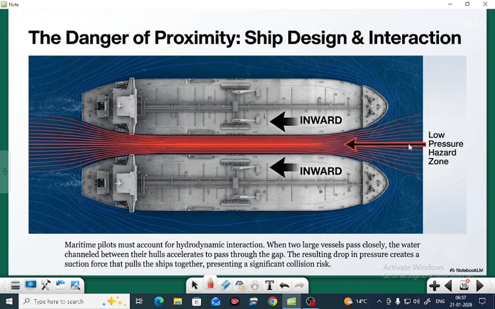And here you see the velocity of water is low, so it creates a high pressure zone here, high pressure. Here high pressure, and upward also it creates a high pressure zone, high pressure. So there is a force in this direction and there is a force in this direction. So the two ships will collide with each other.